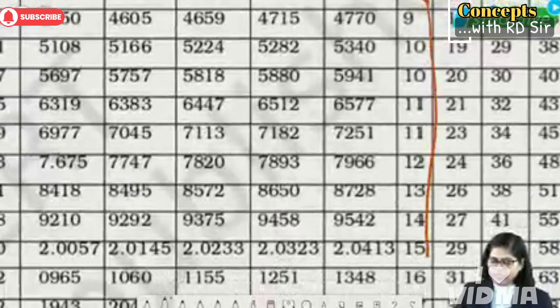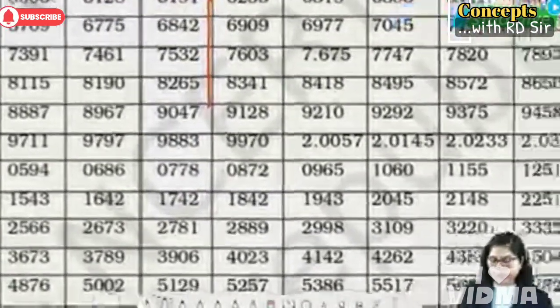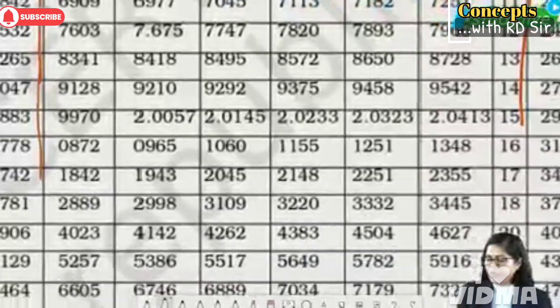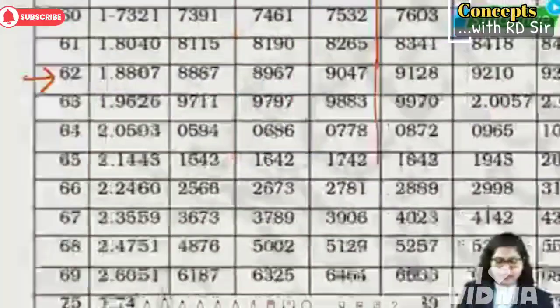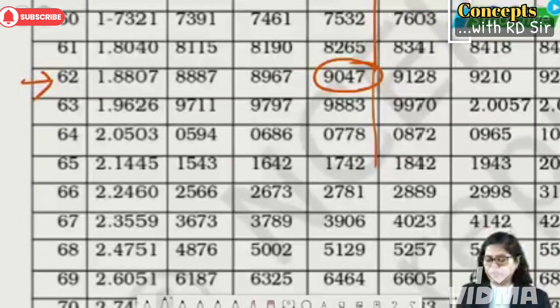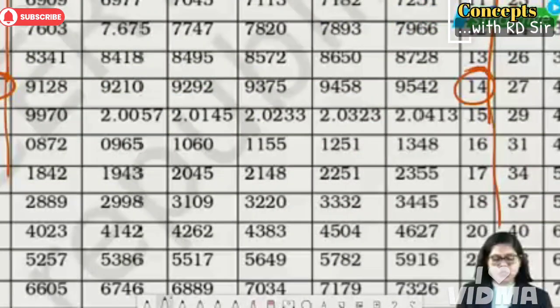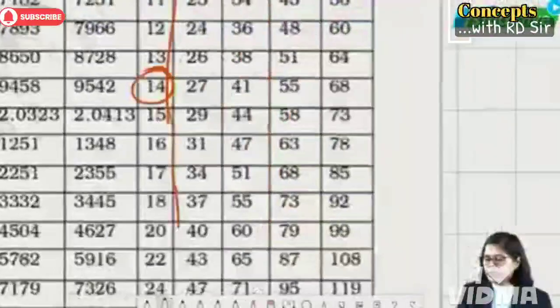Let me just check the reference I am giving here right now. So I am getting here, yes, 62. 62 I am getting here 9047, right? And which value here? 14. So 9047 and 14 we are going to add to this.